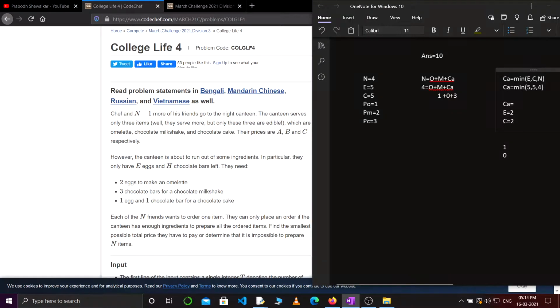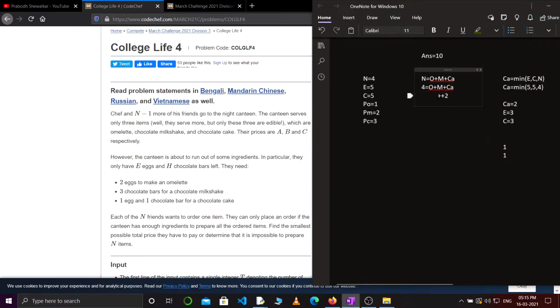Now again decreasing the number of cakes. So 2 cakes. So I'll be having 3 eggs and 3 chocolates. So now I can make one omelette and one milkshake, right? So now 2 cakes are fixed. Now I want to buy 2 more items, so I can buy either omelette or milkshake, but you can see I can have maximum one omelette right now, and I want to buy 2 more items, so I have to consider both these things, right?